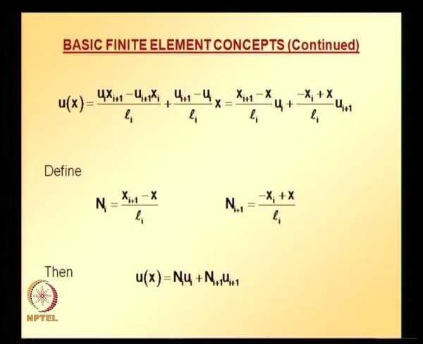So, the equation for u can be written in a compact manner like this. Once we define what is Ni and Ni plus 1, u is equal to Ni ui plus Ni plus 1 ui plus 1.